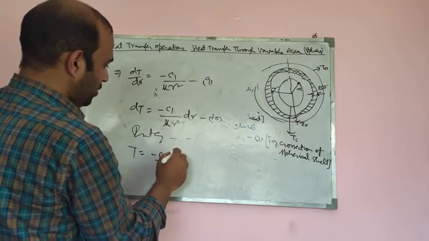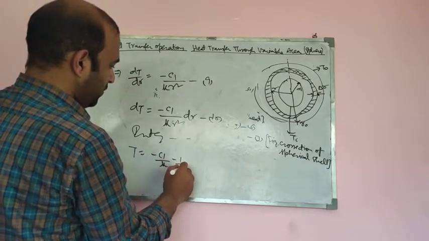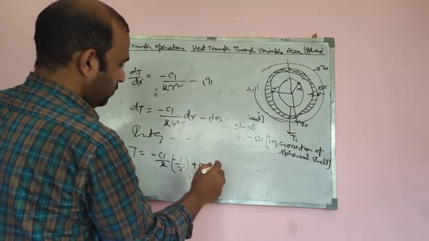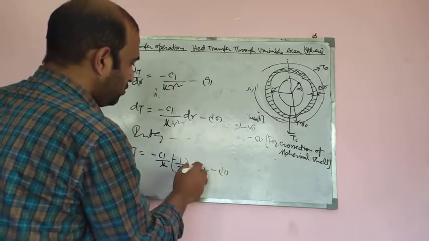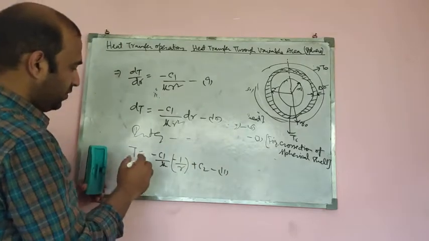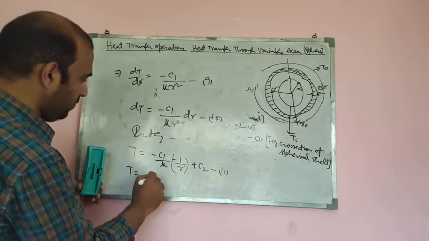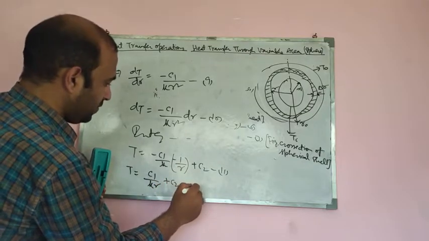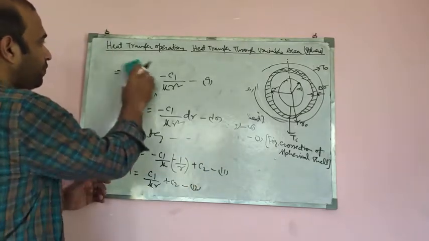If you integrate it, it will be minus 1 by r, plus C2. This C2 is again the constant of integration, or I can write it like C1 by k r plus C2. This equation I will call equation 12.